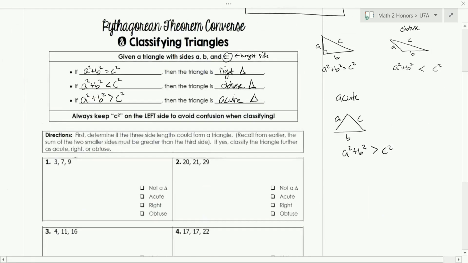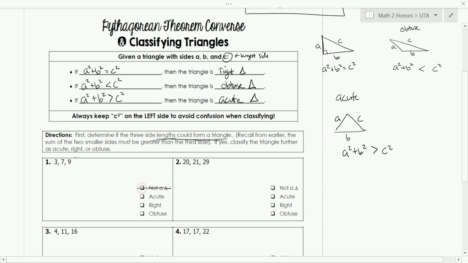So at number one here, our directions say first, make sure it does form a triangle, right? So C is our largest side. If I add A and B together, is it going to be bigger than 9? Yes. So it is a triangle.